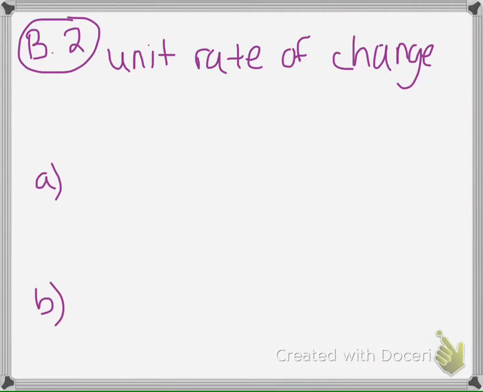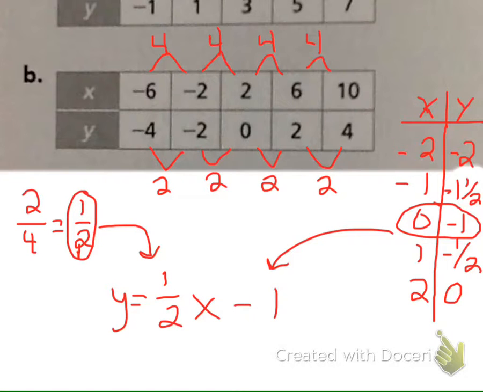Okay, so unit rate is the same as saying per 1. So when we divide it, this is saying that y changes 2 for every 4 changes in x. But when we divide it and reduce it, we're getting the unit rate.